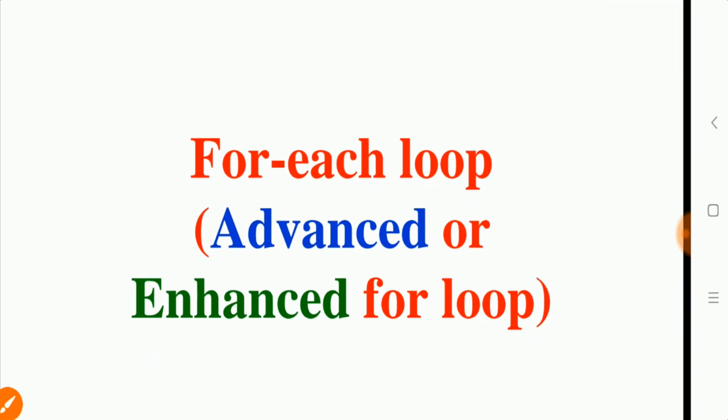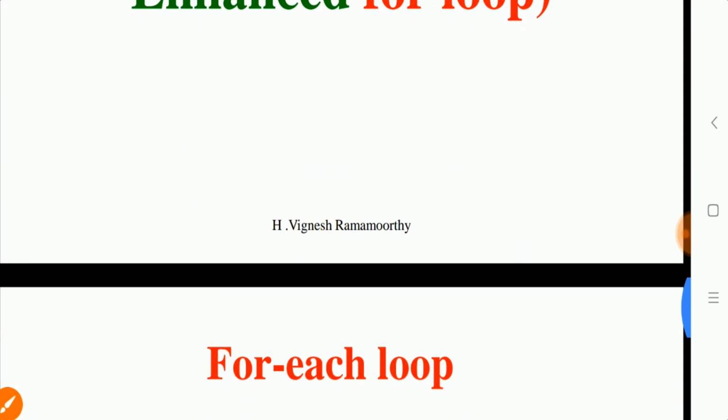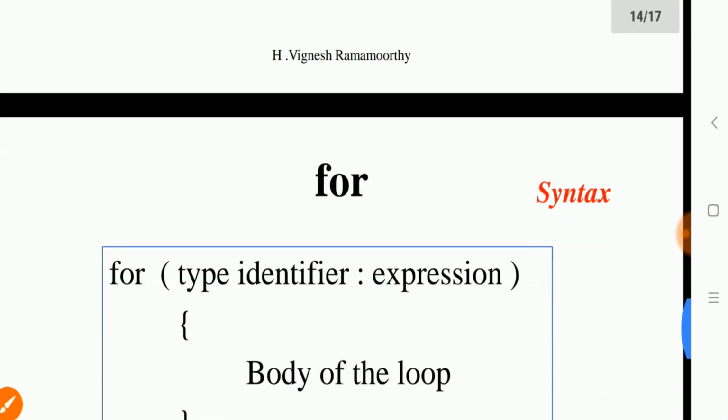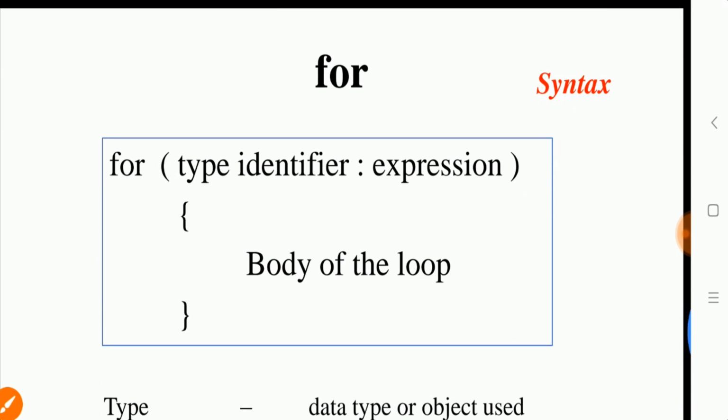Next, another feature in for is the for each loop, which is also called the advanced or enhanced for loop in Java programming. It was introduced in Java 5. This for each is mainly used for arrays or collection elements. The main advantage is it eliminates the possibility of bugs and makes the code more readable.